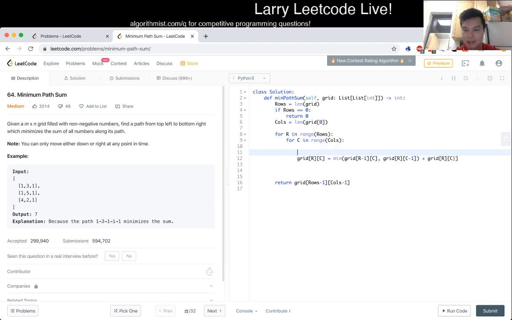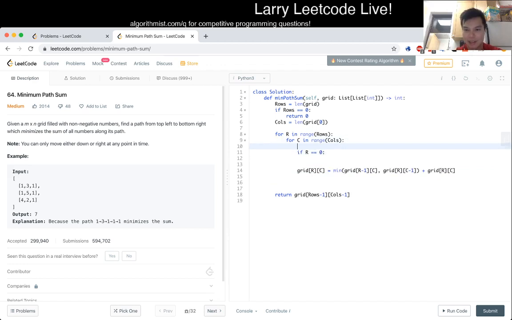The edge cases of R is equal to 0 or C is equal to 0. Let's just call it best is equal to none. Whatever. Let's just go at 0.